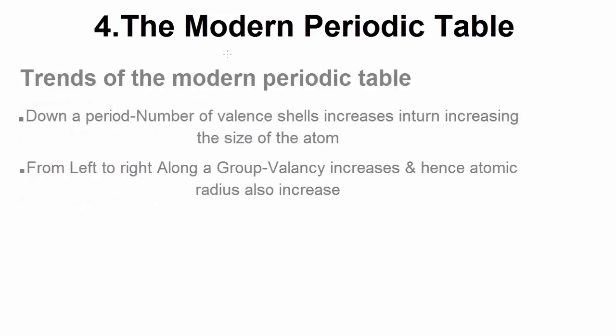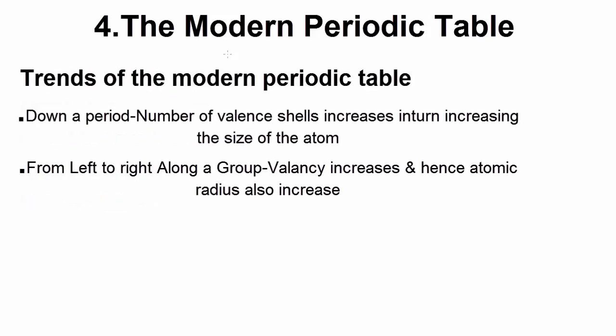Alright guys, let's go for the trends of the modern periodic table. Well, first of all, let's go down a group. Down a group, the number of shells increases, which in turn increases the size of the atom, or basically the size of the atom becomes bigger and bigger as you go down a group.